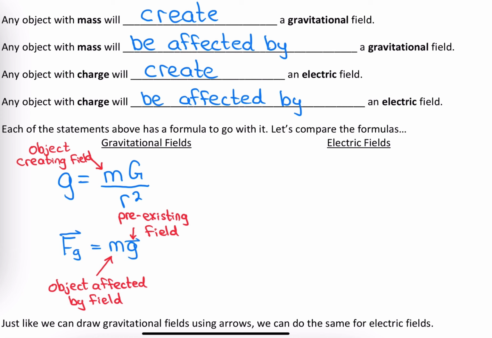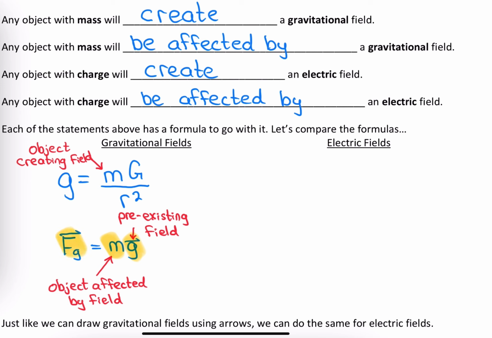And that's because mass is always a positive number. If mass was allowed to be negative, then we would see a case where g and Fg could actually have opposite directions. For example, if little g was down, which it generally is around Earth, but we had an object that had negative mass, well, down multiplied by a negative number would actually give us something that's up.